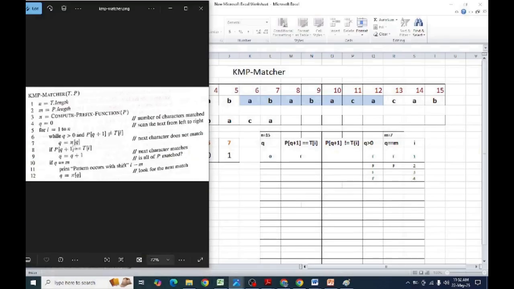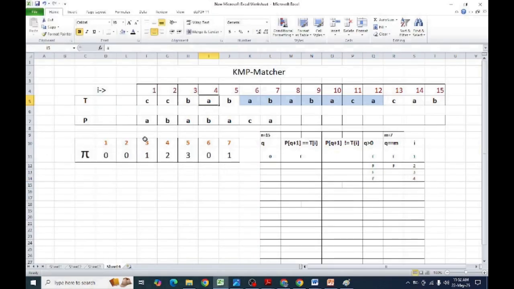q is 0, this while loop will not work, but here we are getting a match, so pattern q plus 1, 0 plus 1, it is 1, pattern 1, that is the first character of the pattern, it is matching with the fourth character of text. See, the fourth character of text is A and the first character of the pattern is A, so there is a match.